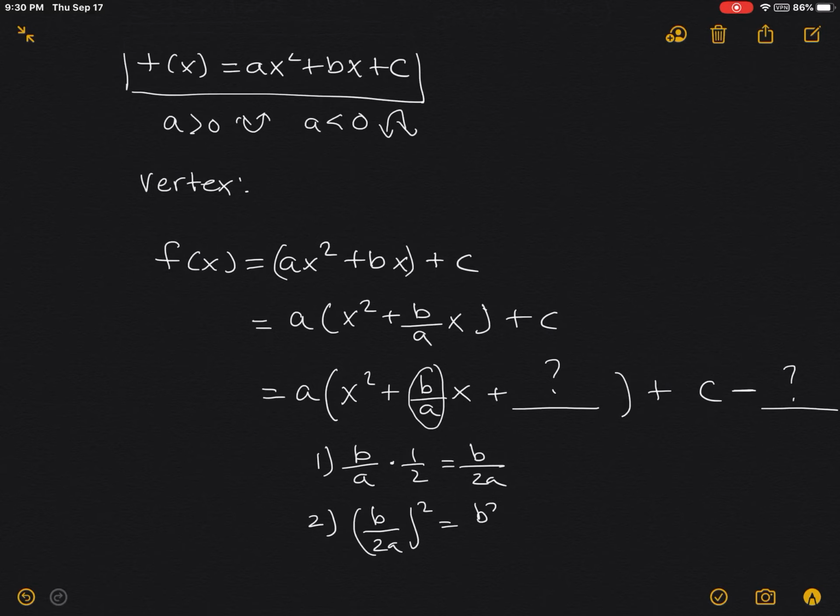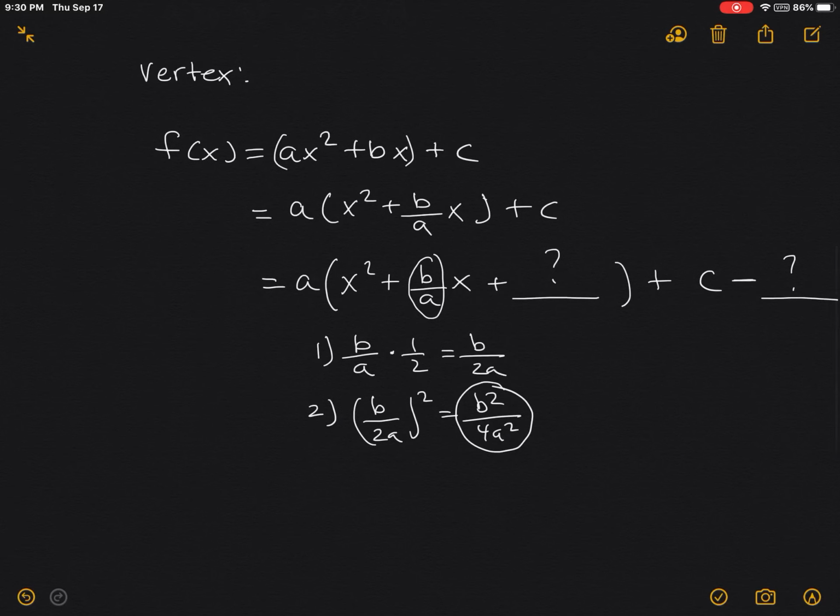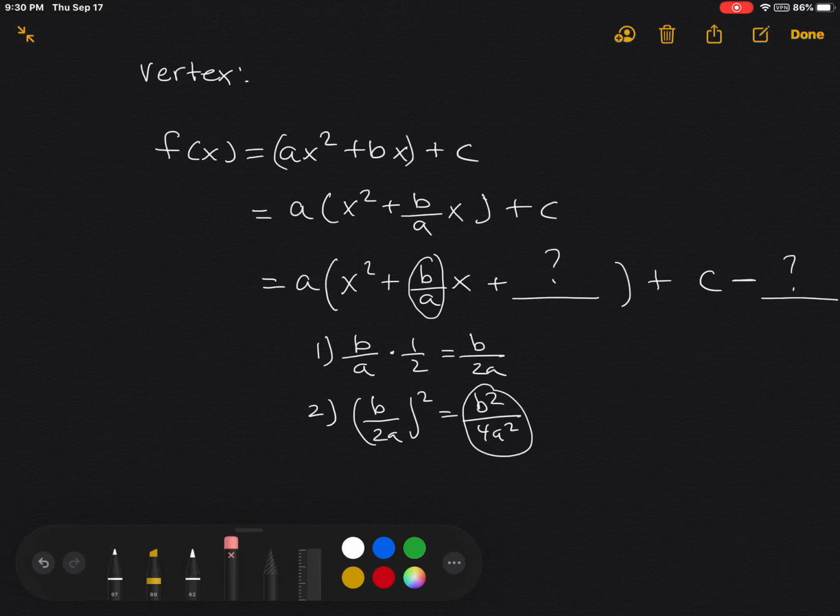So this becomes b squared over 4a squared, and this is the value that's going to complete the square. So I'm going to go back to my question mark and erase over here. I already know what I'm going to add and subtract to complete the square, and I'm going to add b squared over 4a squared.